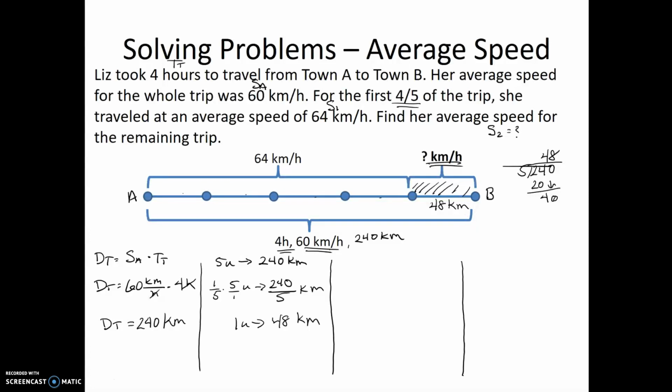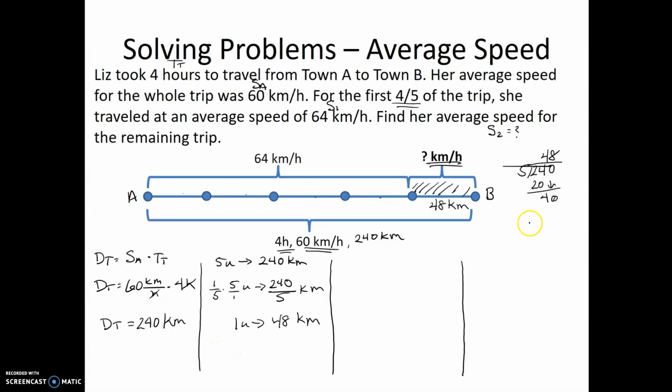Okay, now we've got a distance, and we don't have a time yet, do we? But we can use that distance. We know that 1 unit equals 48. We've got a speed over here, so we sure can find the time for that first leg of the trip, can't we? So let's do that. Let's figure out what this distance is, and that's just going to be 240 minus 48.